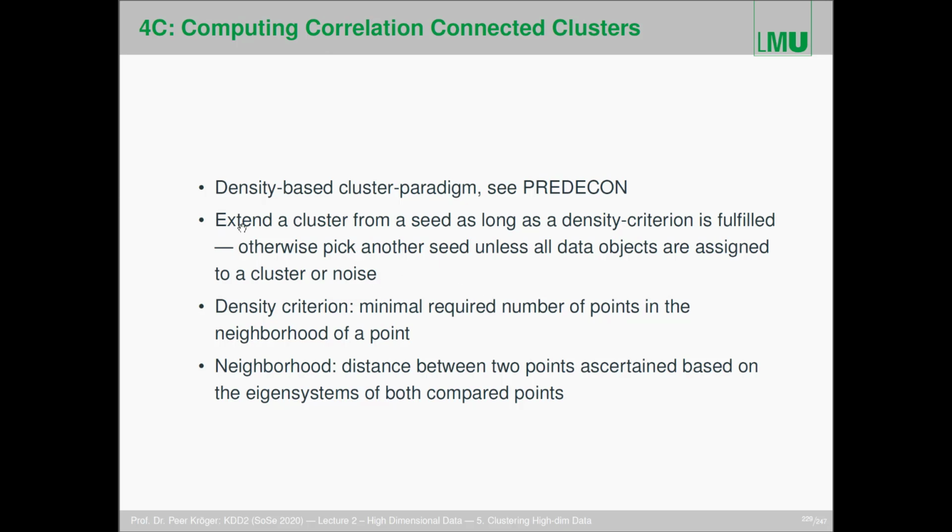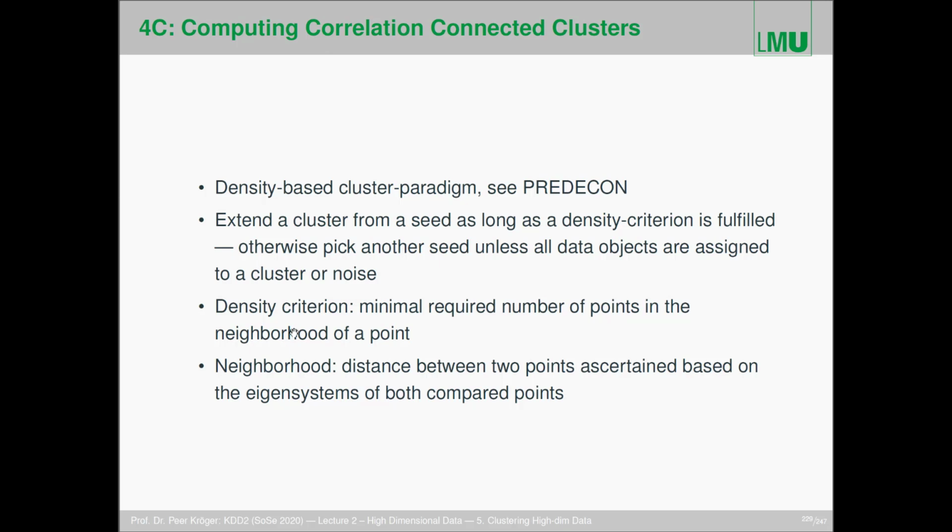So to put it a little differently, we extend a cluster from a seed, a core point, as long as the density criterion is fulfilled, like in DBSCAN, and otherwise we pick another seed, until all data objects are assigned to a cluster or noise. So this is the basic scheme of DBSCAN. And now the density criterion is a minimal required number of points in the neighborhood of a point, which is the same, but the neighborhood will now have a different shape.